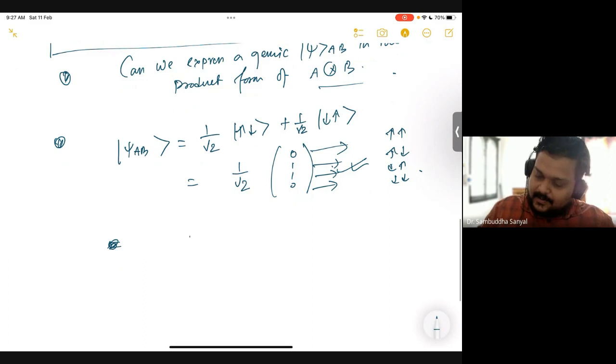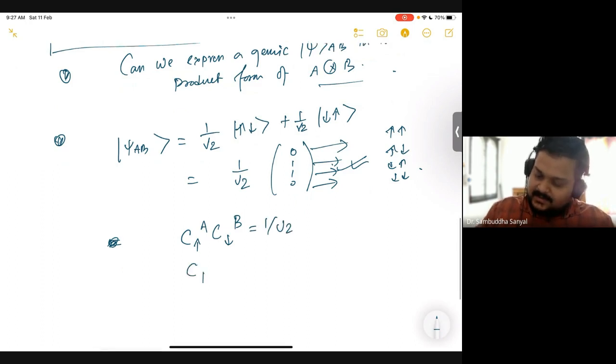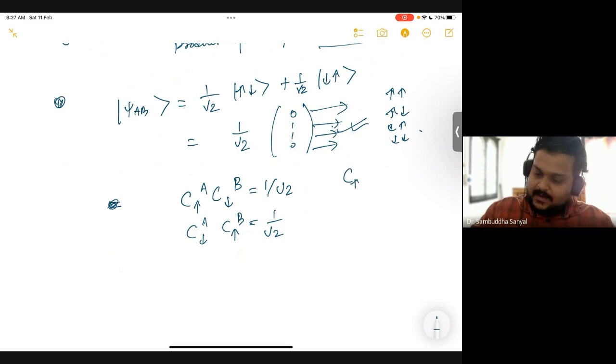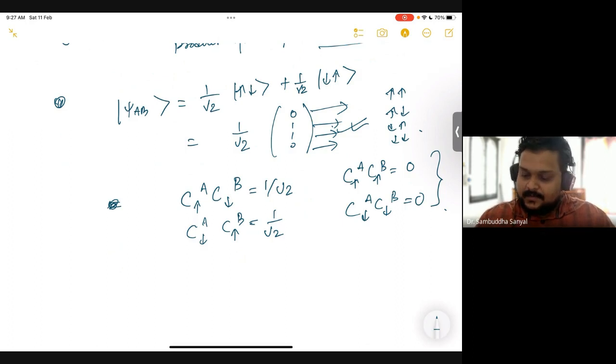What are these four things it must satisfy? C up A, C down B must be 1 by root 2. The second, C down A, C up B must also be 1 by root 2. The third condition, C up A, C up B must be 0. The fourth condition, C down A, C down B must be 0. So you have to satisfy these four conditions.